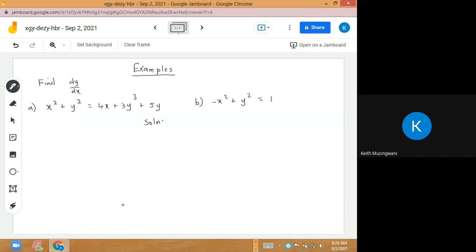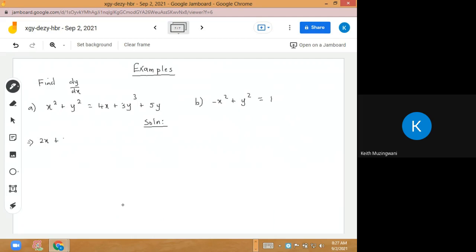Solution. So say, okay, this is not a difficult thing, instead of us trying to solve for y, which may be so difficult, if not impossible, manually. This is just the same as differentiating x squared, we get 2x.